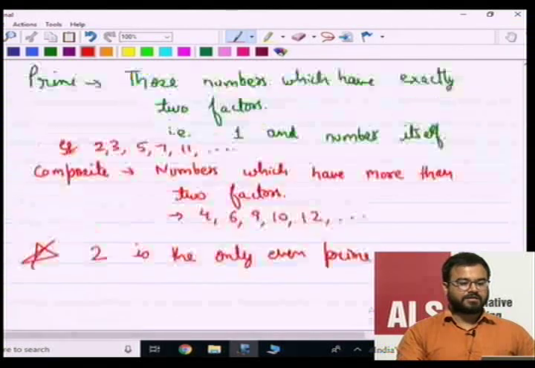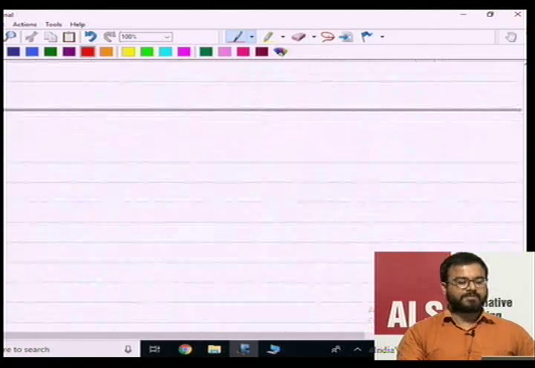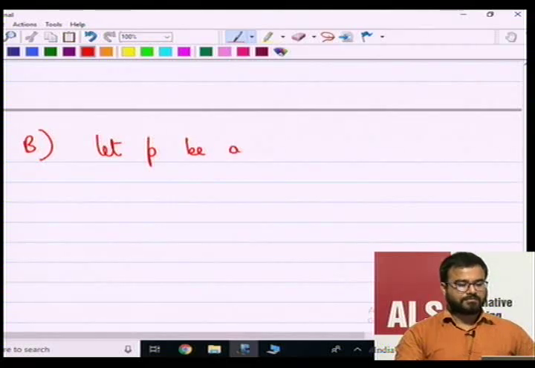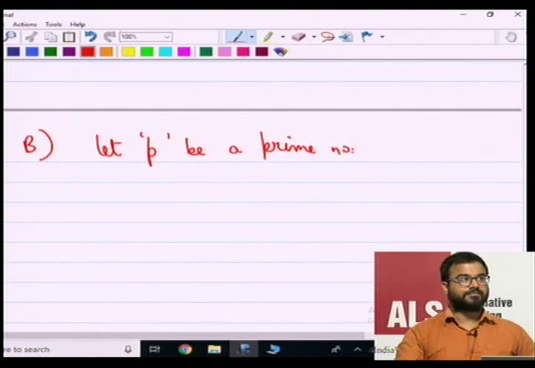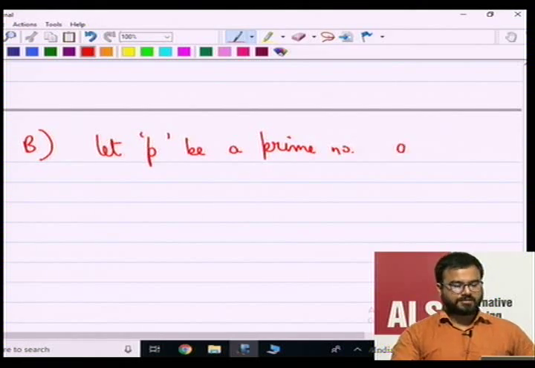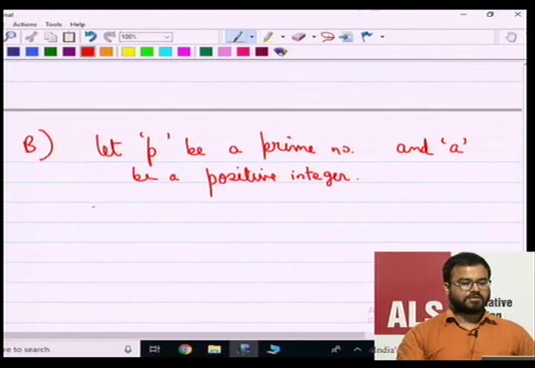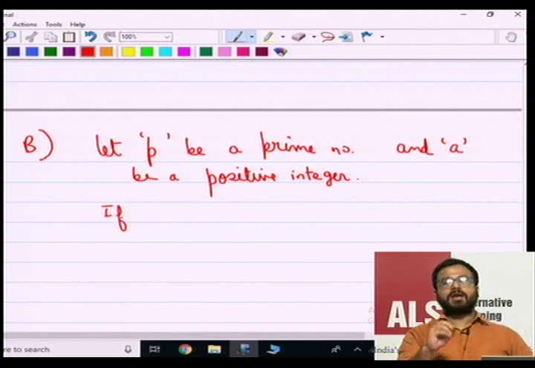Now the second part of the fundamental theorem of arithmetic, part B, says, let P be a prime number and A be a positive integer.